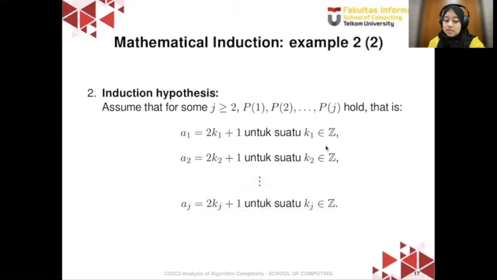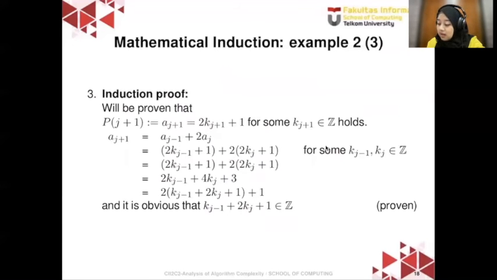And then a_j can be written like this from the induction hypothesis as well. So from this, we can write it like this, and like this.